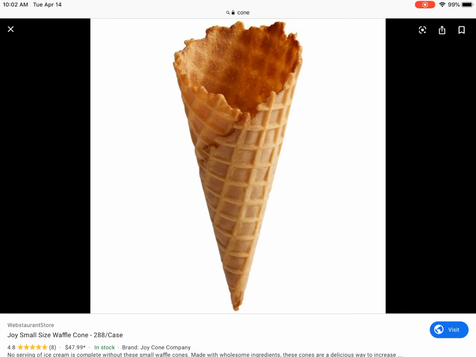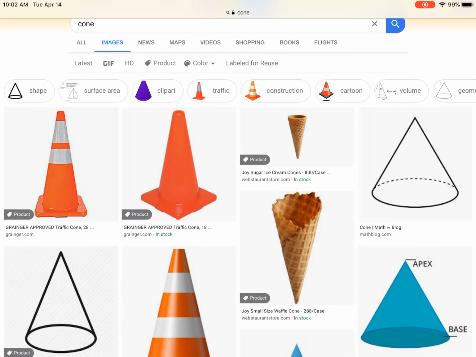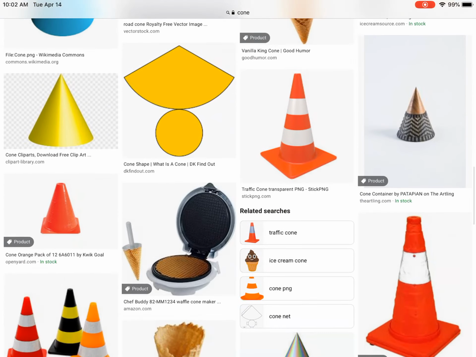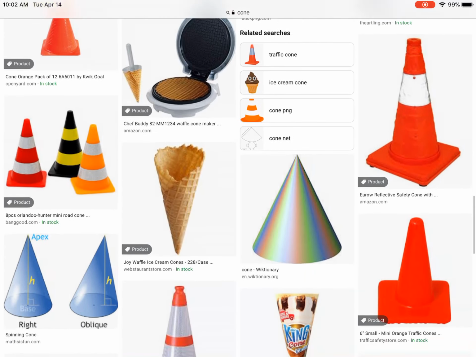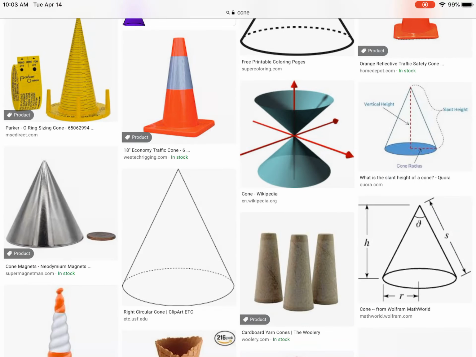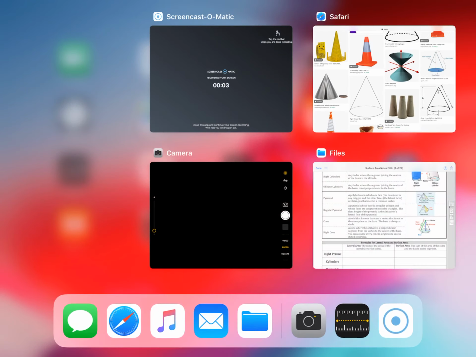Maybe this cone would be more difficult to find the lateral area of because you got a very strange looking edge, right? You got some of these nice cones, and you could keep on going. Obviously, ice cream cones are maybe your most important ones, but you might find something else. Maybe you can think of a different type of cone that could suffice.